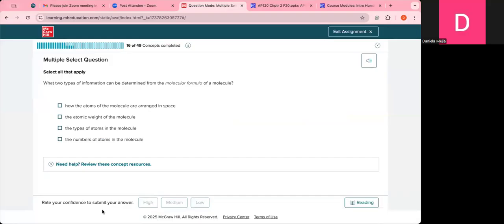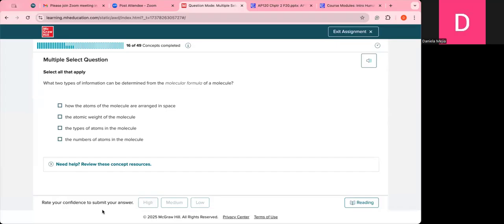What two types of information can be determined from the molecular formula of a molecule? How the atoms of the molecule are arranged in space, the atomic weight of the molecule, the types of atoms in the molecule, the numbers of atoms in the molecule.